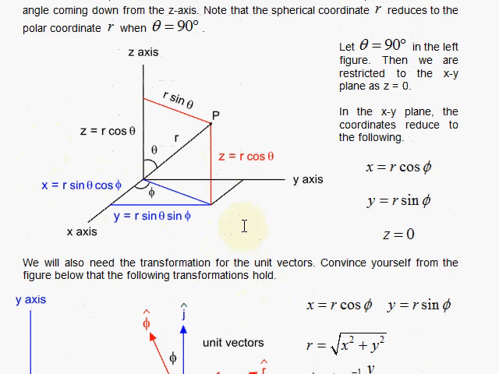So here we have the spherical coordinate system, where you have the r, the radius, we have then the angle theta, and we have the angle phi here. And this is like a door that's opening. This is r sine of theta up top. Then when you hit this with the cosine of phi and the sine of phi, you get your x and you get your y. Your height here is your r times the cosine of theta.